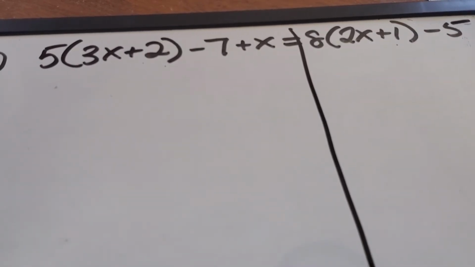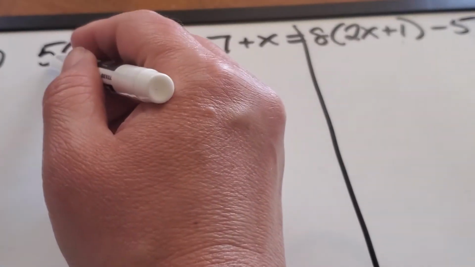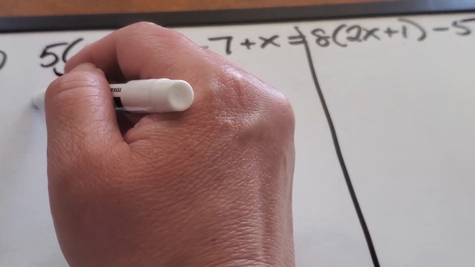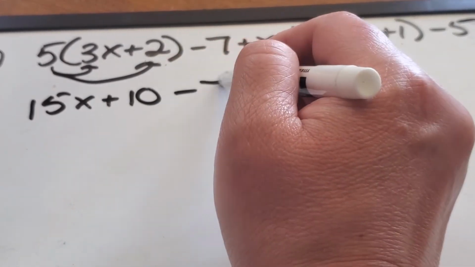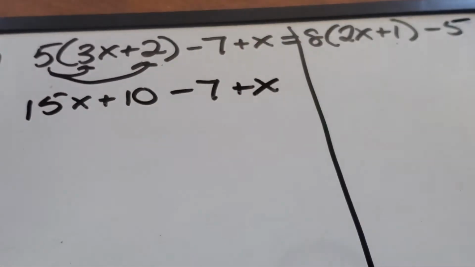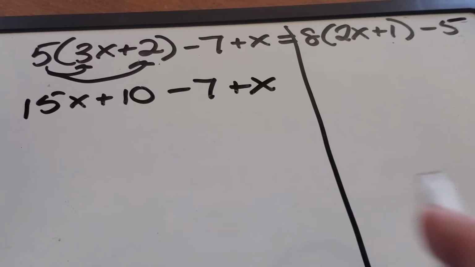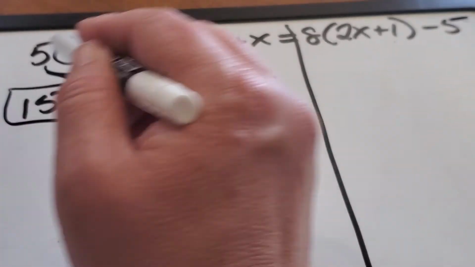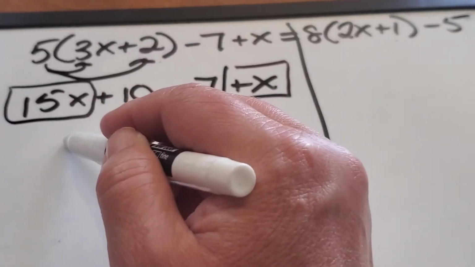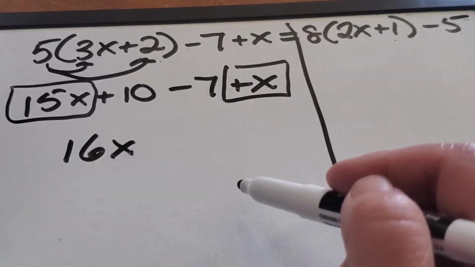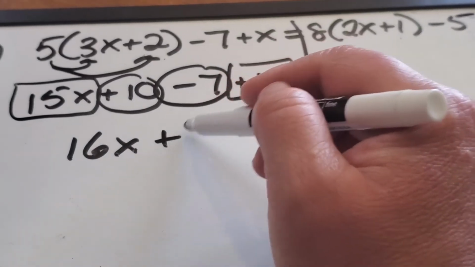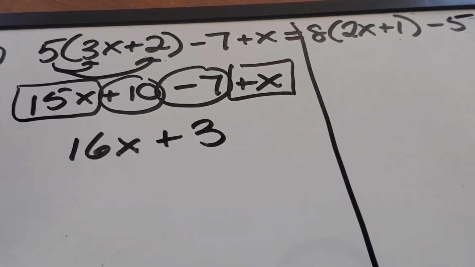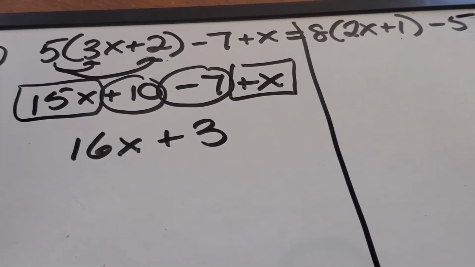Again, let's simplify both sides of the equation. So this side, distribute the 5, is going to become 15x plus 10 minus 7 plus x. I can keep going here if I want and combine the 15x plus the 1x, which makes it a 16x. That positive 10 minus 7 is a positive 3, so this side simplifies down to 16x plus 3.